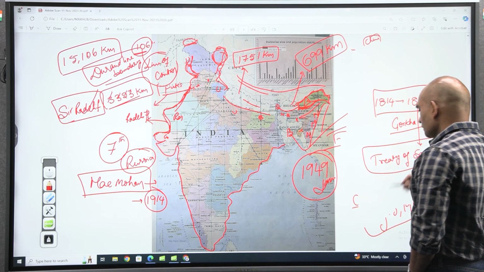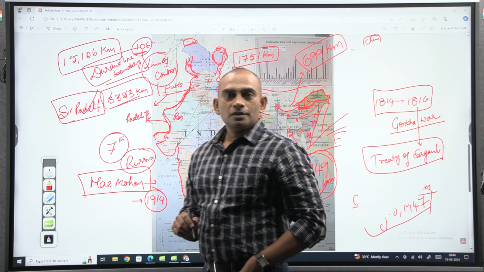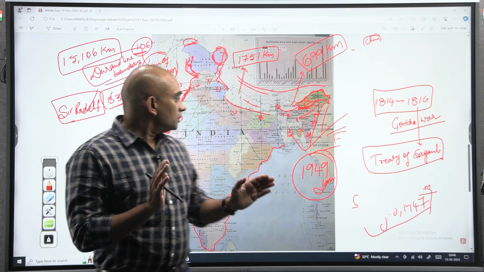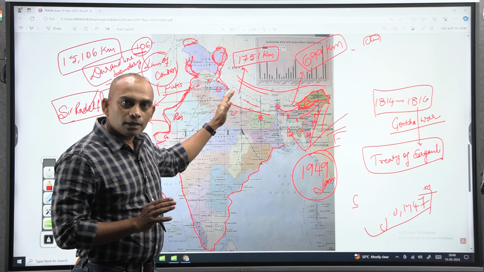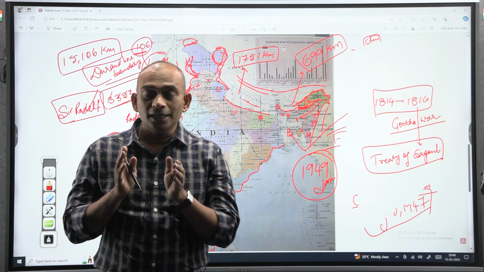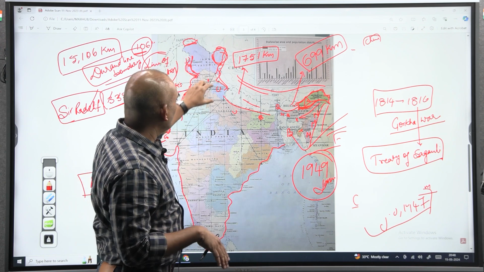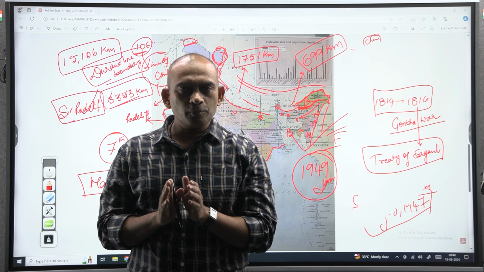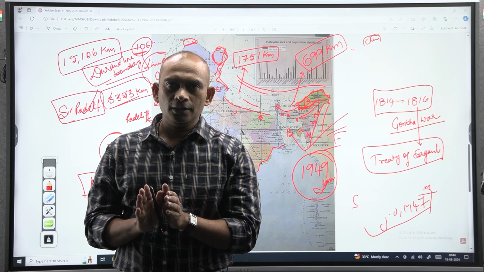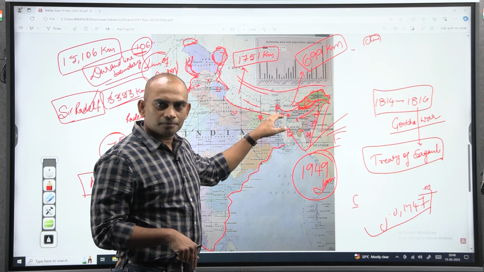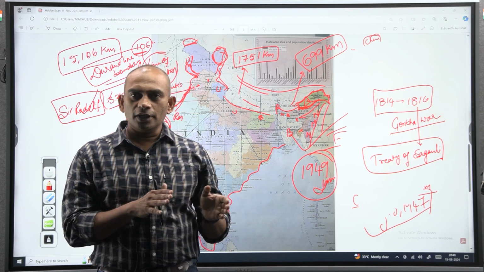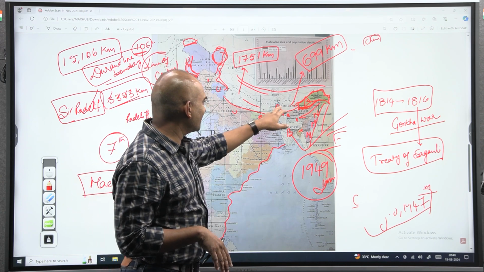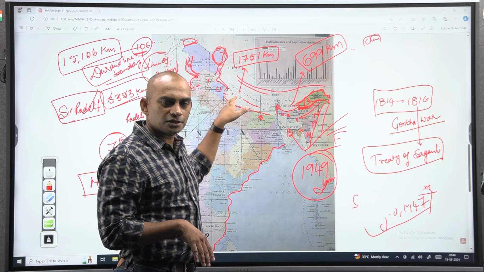According to this Treaty of Sagauli, Nepal relinquished its claim on the Uttarakhand region, though at that point of time we cannot say Uttarakhand, it was Kumaon and Garhwal, and also Sikkim, because before that Nepal had occupied these areas, Sikkim and the Kumaon and Garhwal region.